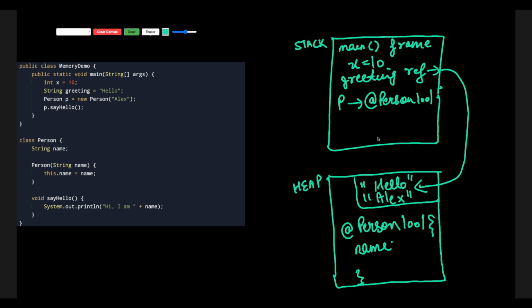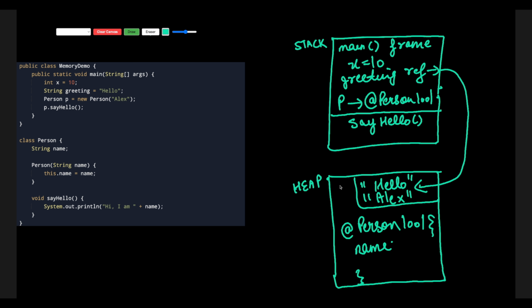After that, the say hello function is called. Now because say hello is a new method, a new stack frame is created. And inside the say hello, we are printing the statement, hi, I am that particular name. So basically in this case, Alex is passed, so hi, I am Alex will be printed on the screen.